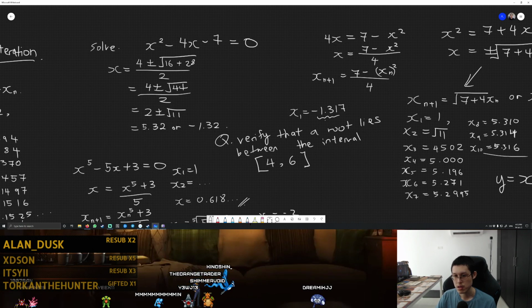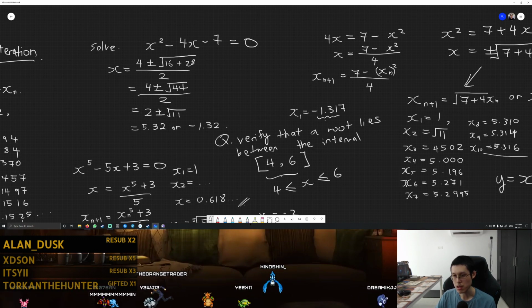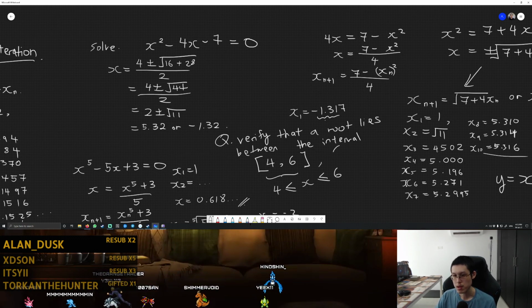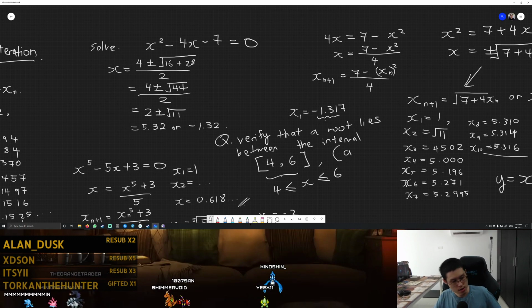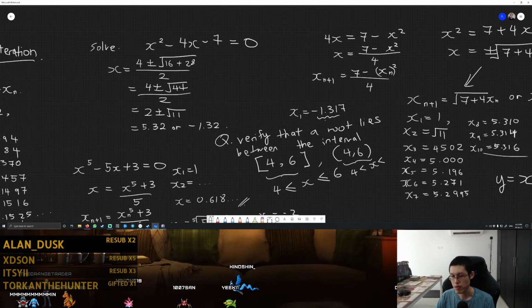Okay, so [4, 6] basically means between 4 and 6, including 4 and 6. If they put brackets, (4, 6), that means it's between 4 and 6, but not including 4 and 6.